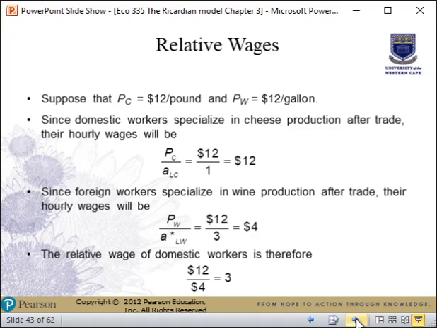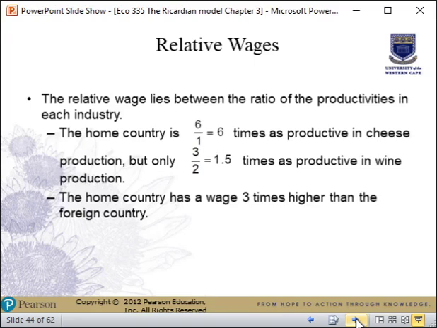Recall it takes 3 hours to produce 1 gallon of wine. Suppose a pound of cheese and a gallon of wine both sell for $12. Then, since home workers specialize in cheese production, they will earn $12 per hour, whilst those in the foreign nation will earn $4 from the production of wine per hour. Therefore, the relative wage between the two countries will be equal to $3.